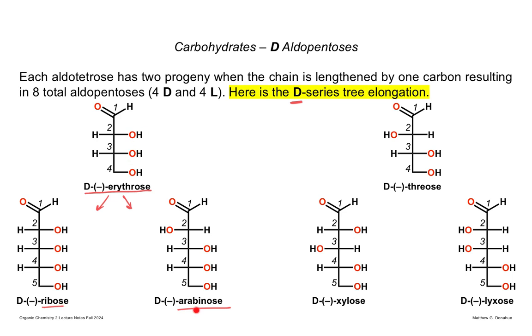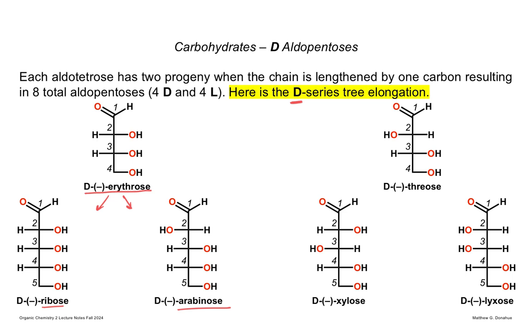In ribose and arabinose, those 2 carbons are still right. Then the carbon that you've added now is sort of inserted between the aldehyde and the former carbon 2. And you're just swapping whether it goes right or left. So that's why it gives rise to 2 kids. And so ribose is right.